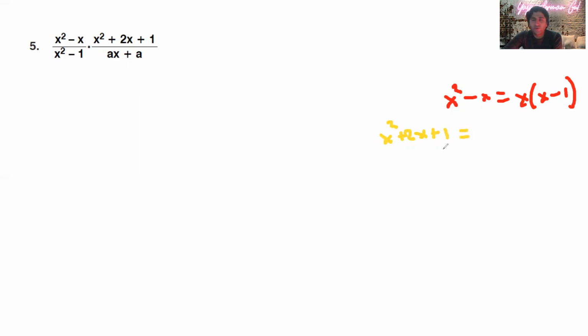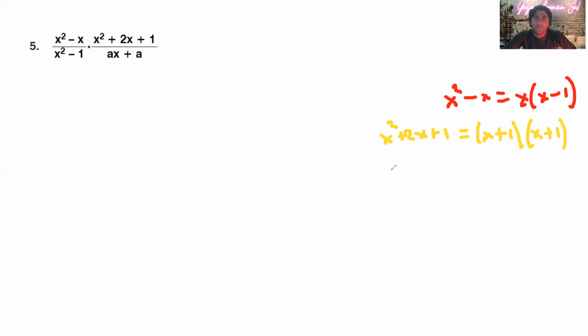Trinomial. I'm going to look for the factors of 1. Obviously, it's going to be 1. 1 times 1 is 1, and 1 plus 1 is going to be 2. So it's going to be x plus 1 times again x plus 1. Right, then what else do I have here? Let's see. Here I have x squared minus 1.